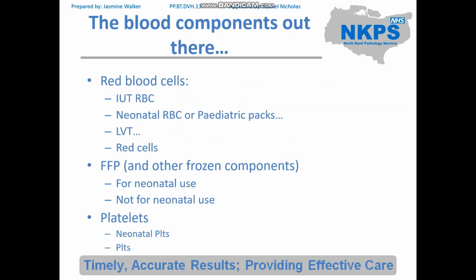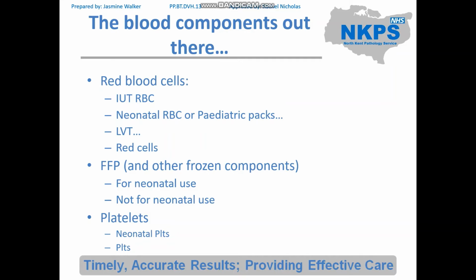So moving on to what blood components are actually available for us to order. I haven't written out the whole list because some of them are very similar to each other. So I've basically selected the units that are important to do with the different sizes and the different requirements between patients. So if we start with red blood cells, you've got IUT red blood cells, and that stands for intrauterine transfusion. Neonatal red blood cells or paediatric packs.